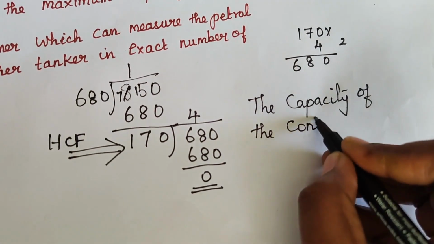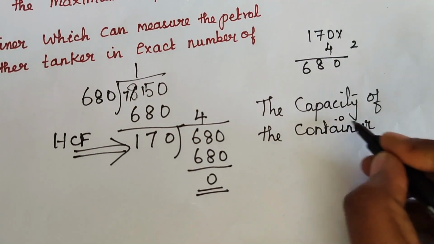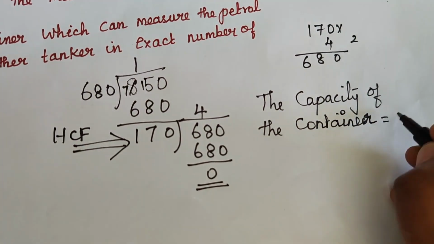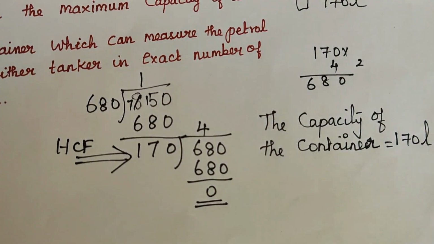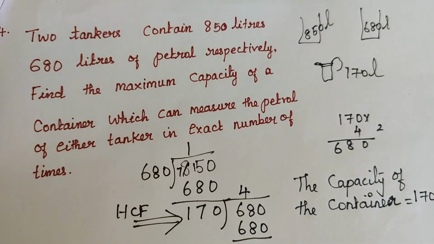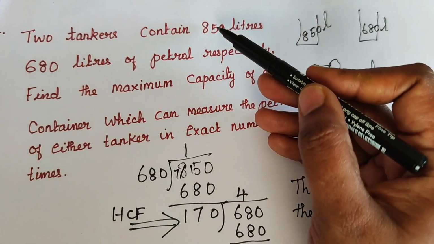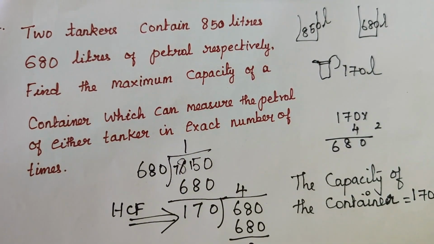The capacity of the container is 170 liters. So actually the answer is over. So a 170 liter capacity container can measure 850 and 680 liters of petrol exact number of times.